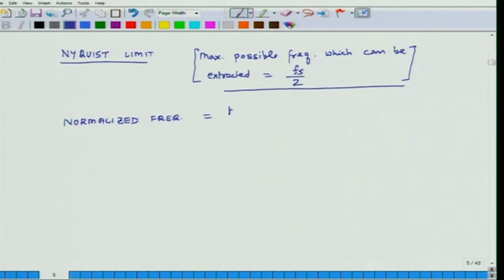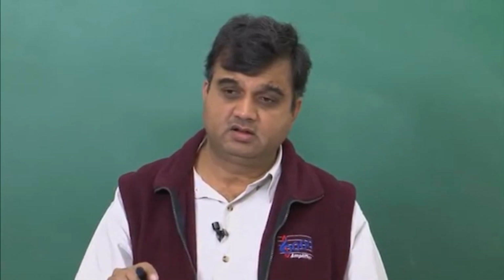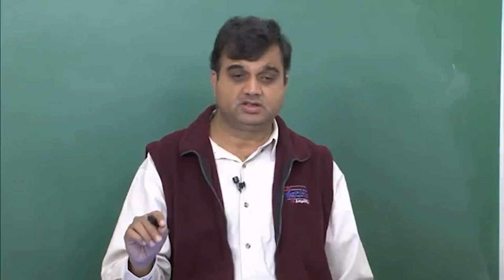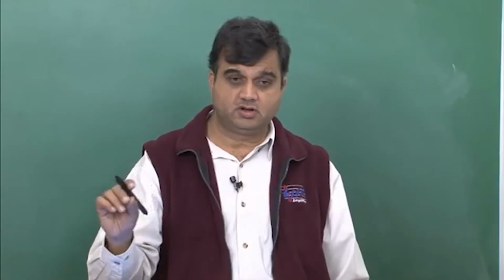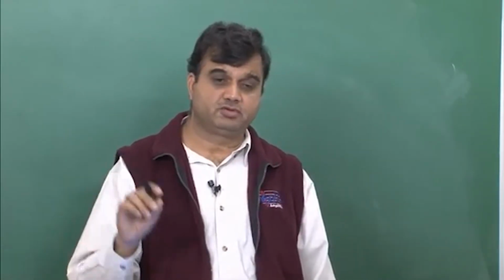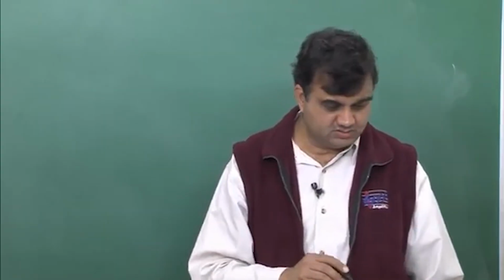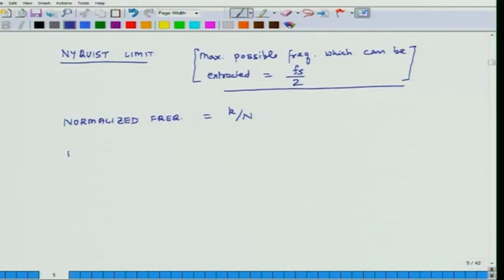You can calculate it as k over N hertz. So if k is 0, normalized frequency is 0. If k is 1 and capital N was in this case 24, then normalized frequency will be 1 over 24.